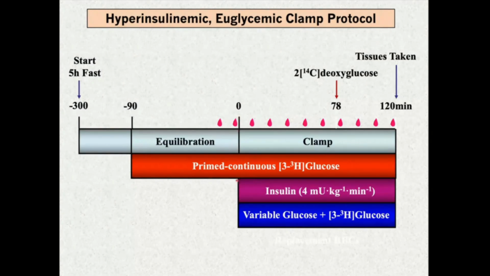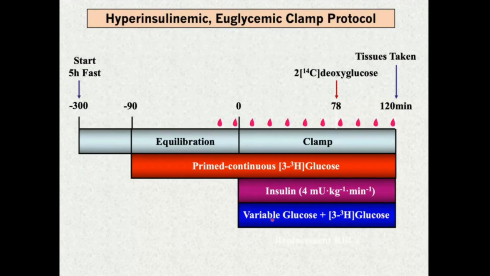After the equilibration period, we then give insulin. This dose is what we generally use for studies that look at muscle because it's right in the steep part of the insulin glucose uptake dose response curve. It gives high physiological levels you might see after a high carb meal.